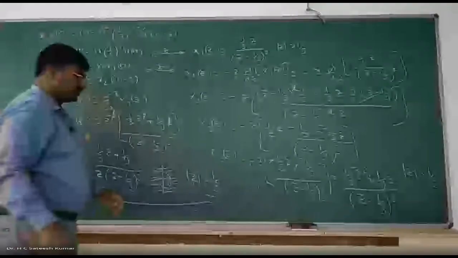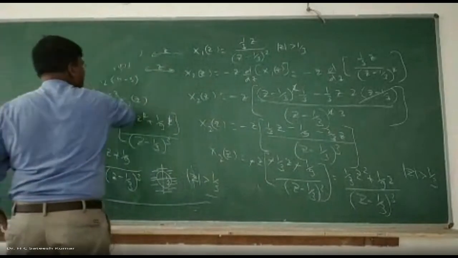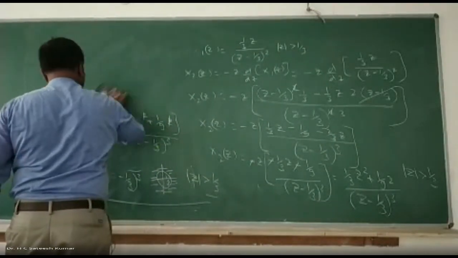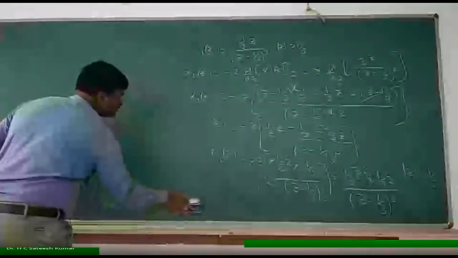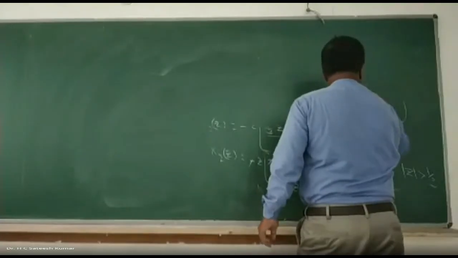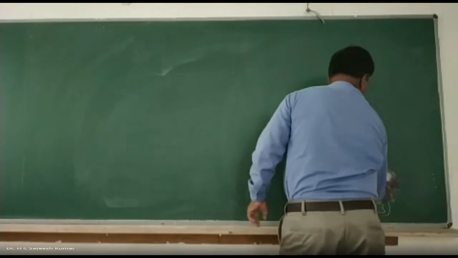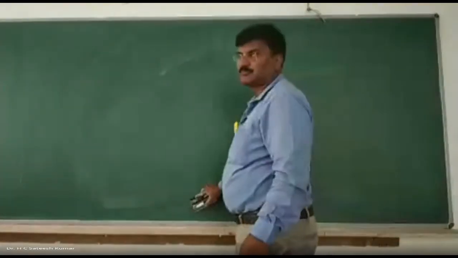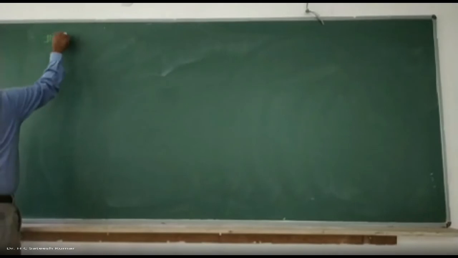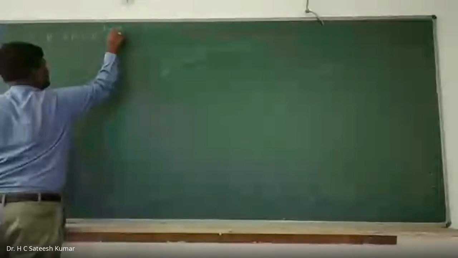Find the z transformation of x of n is equal to e to the power of j omega n into u of n.